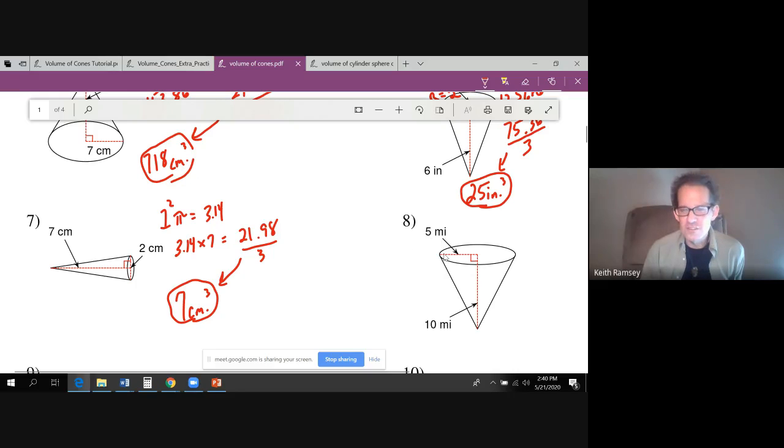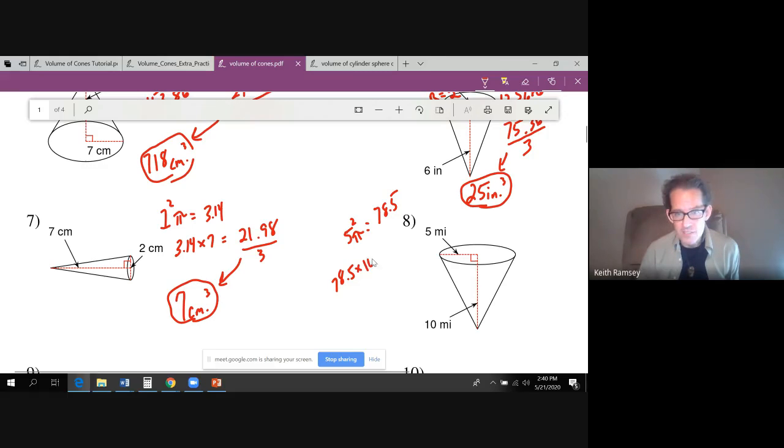It looks like your radius is 5. So step 1 is 5 squared times pi. 25 times 3.14 should equal 78.5. Step 2 is to multiply that by the height, which is 10.